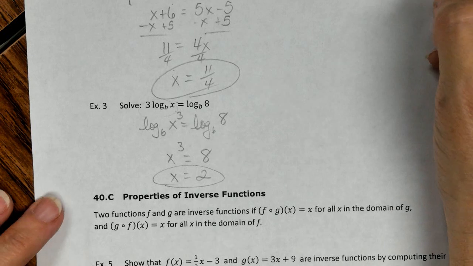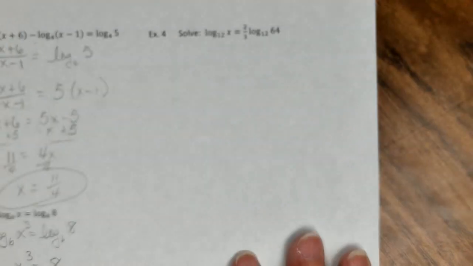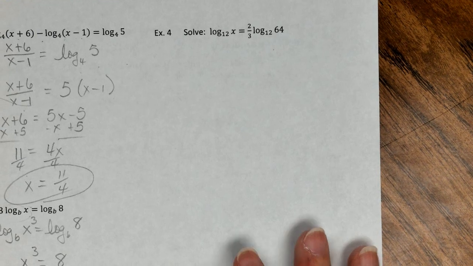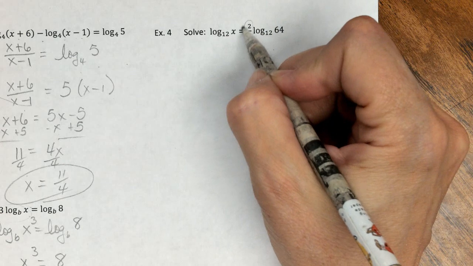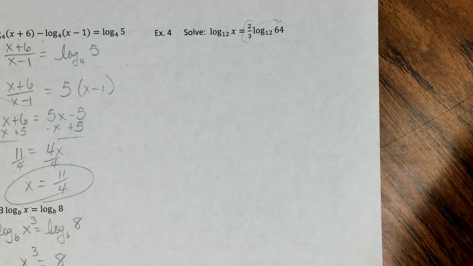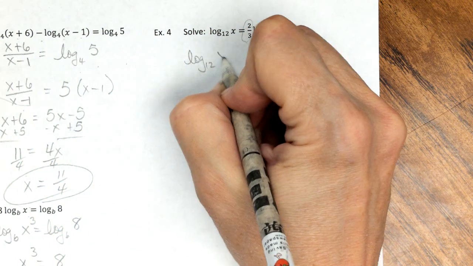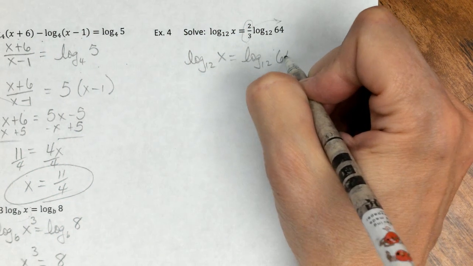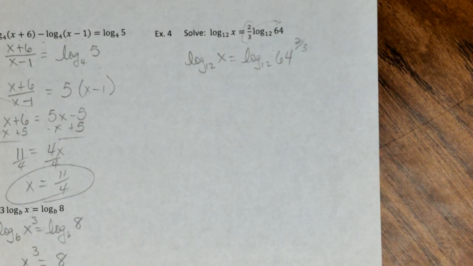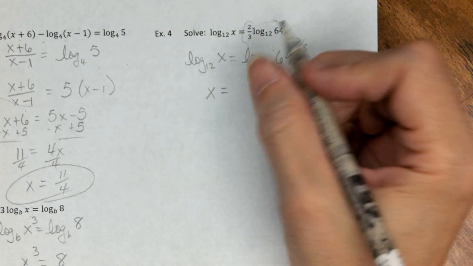Okay, one more over here. And for this one, what do we have? Oh, okay, so this 2/3 is going up there on the 64. Log base 12 of x equals log base 12 of 64 to the 2/3. Same base, the logs are equal, therefore the arguments are equal.